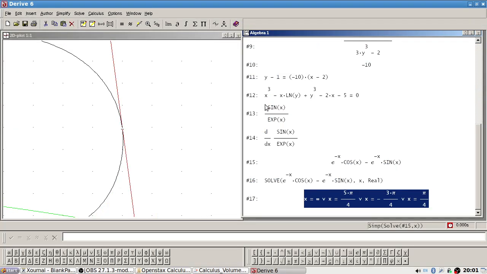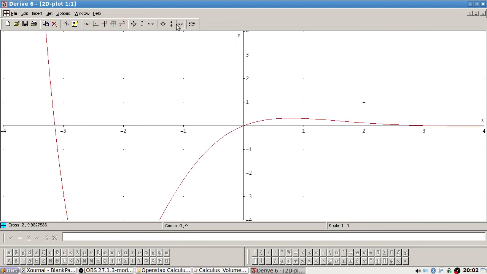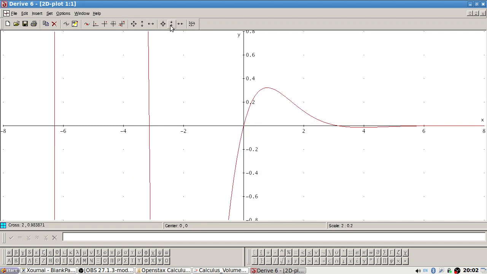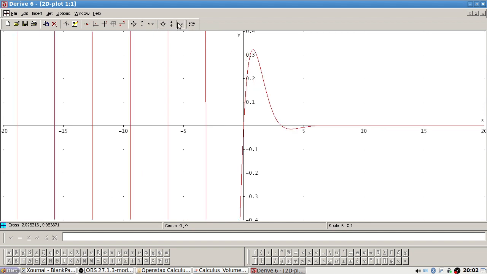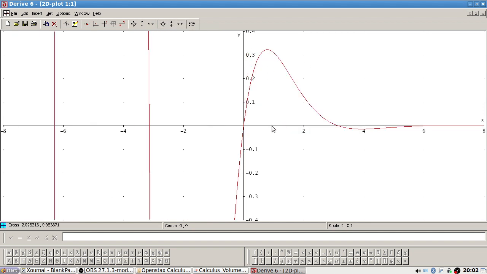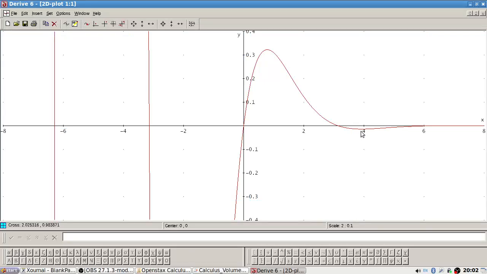Interesting. Pi over 4. Let's have a look. First one here is about 1.5. That's about half pi. Oh yeah, that is an answer there. And then the next one would be about here, about pi. No, not quite pi. Would it be 3 pi over 2?